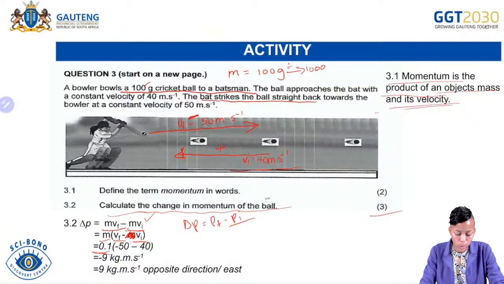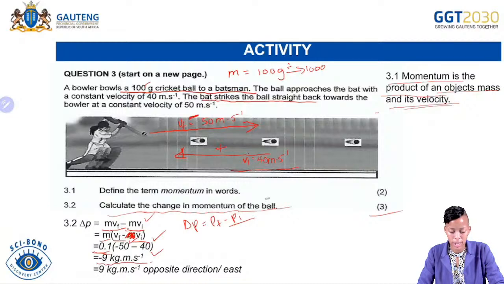So we substitute our final velocity of -50 and then our initial velocity. You punch that into your calculator, and it gives you -9 kilogram meters per second.